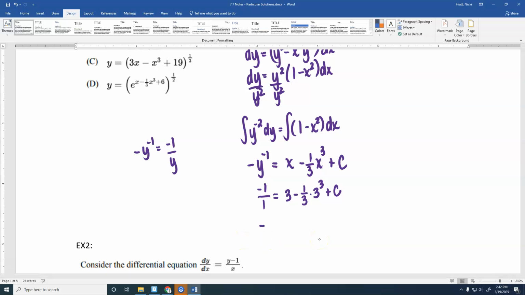Okay, so I got negative 1 equals 3 minus 3 to the third is 27, but then I multiply it by 1/3, which gives me 9. So negative 1 equals negative 6 plus c. I need to add the 6, and so c equals 5.